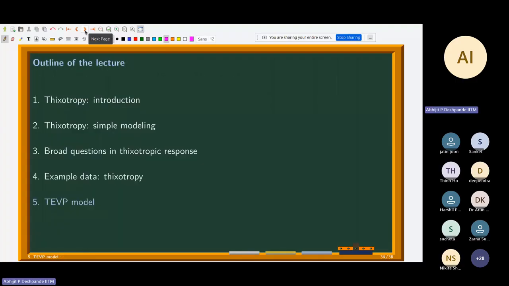So I'll close now, in the last few minutes, by talking about what the constituents of a model are which can pick up all of these behaviors. I also skipped through, but we need to be able to capture a thixotropic loop. We need to be able to capture the step up and step down type of results.